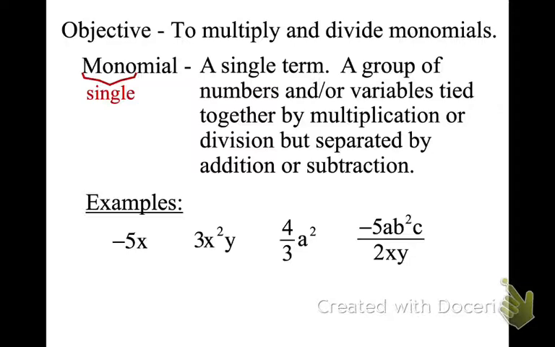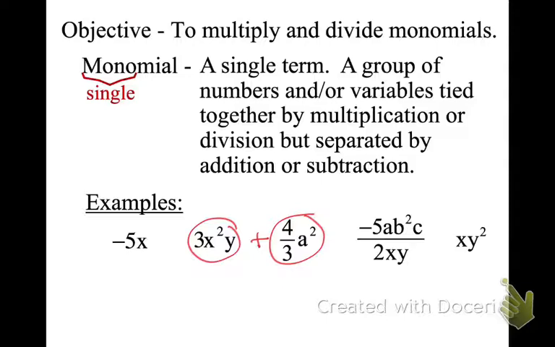It's one term. Now, we start to know it's no longer a monomial when you start to see, let's say, if I added a plus sign here, here's a monomial and here's a monomial. A monomial is numbers and or variables tied together by multiplication, but separated by addition and subtraction.